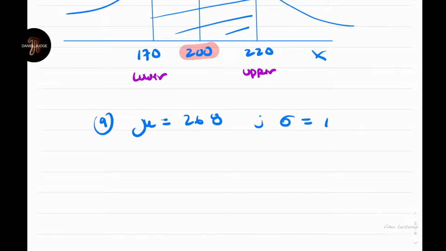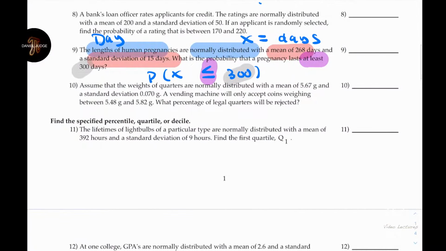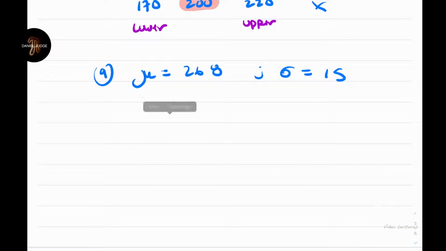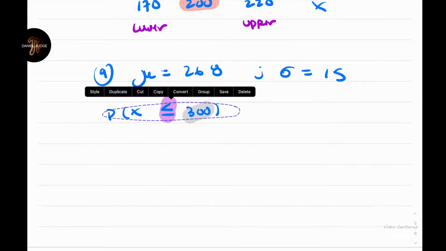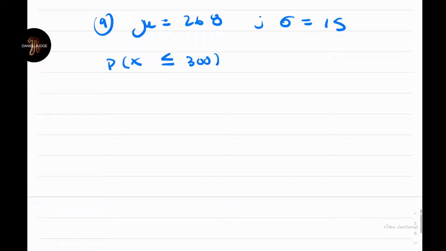Standard deviation is 15. Let me double check. Yes. Okay. And remember the question. What's the probability a pregnancy lasts for at least 300 days? Okay. Here we go. Draw a picture of the question.